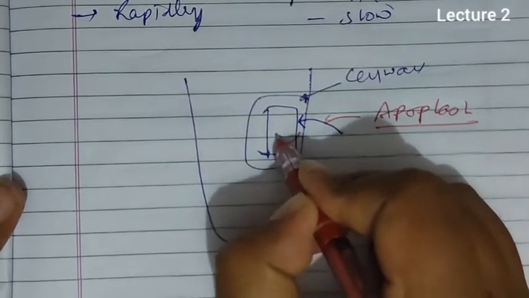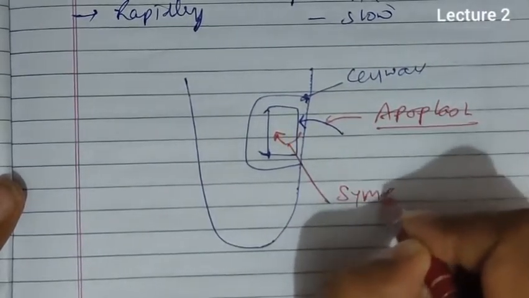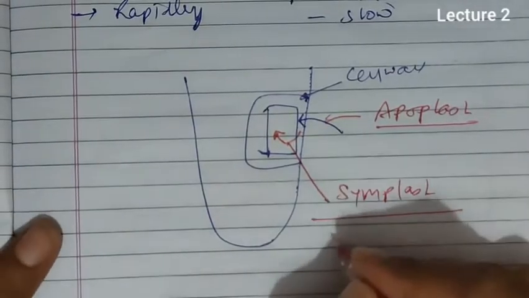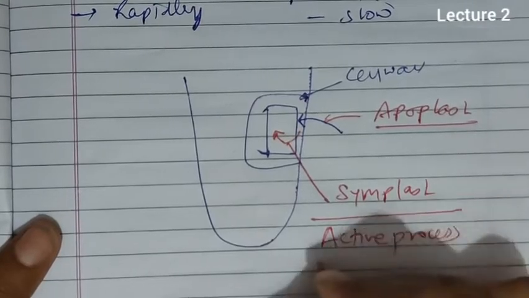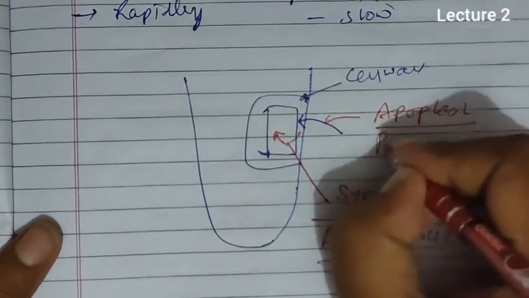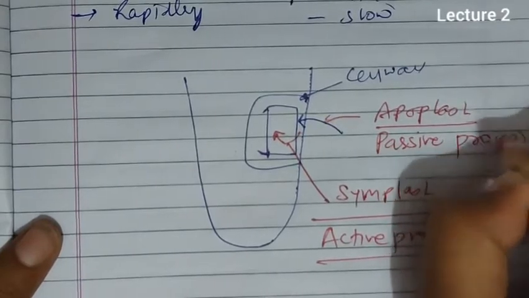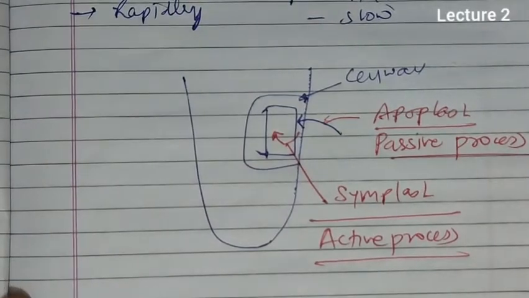But when it is placed in the inner space, then it is known as symplast, and here ATP are used, so it become a active process, whereas apoplast becomes passive process.